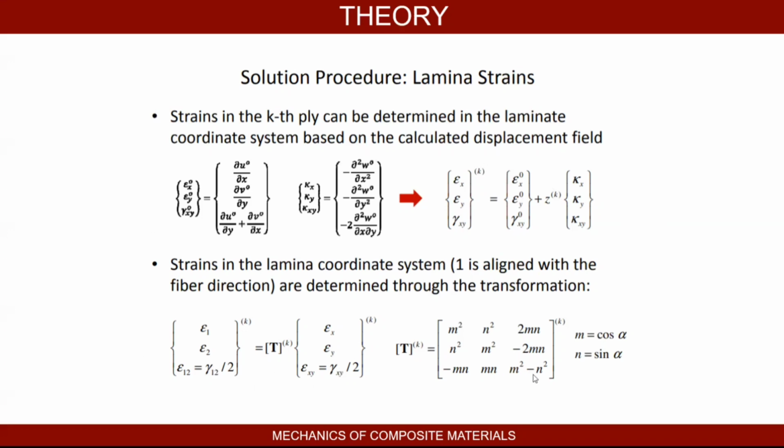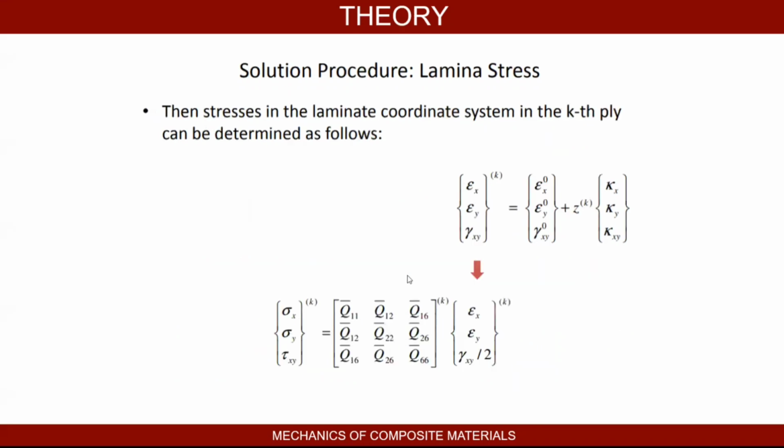So that's done through a transformation matrix. And then from that, we have per ply strains, and we want to find per ply stresses. So that's done through a constitutive relationship from your per ply strains in the global coordinate system and your QBar matrix.